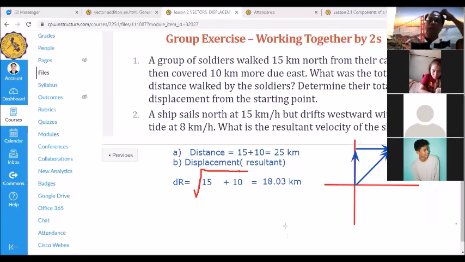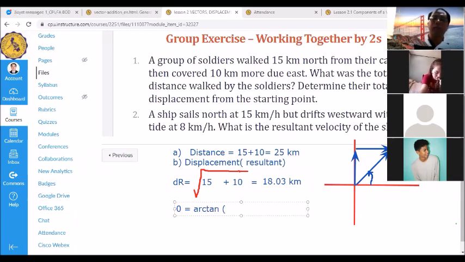If you're going to set up our equation for our angle, and if you use this angle here, this is north of east. Then what will be our angle value? What will be our theta? Arctan of what?